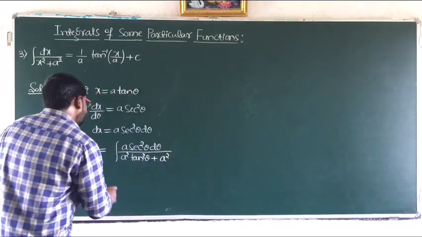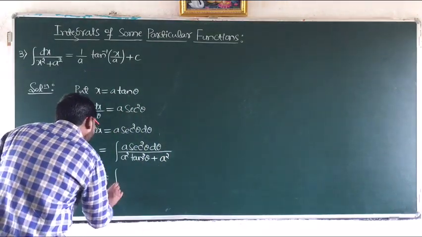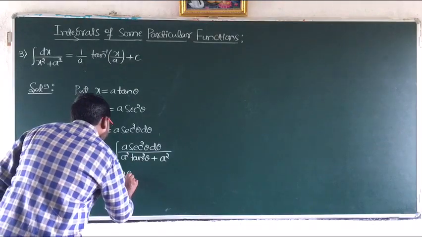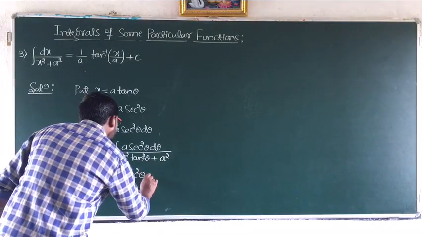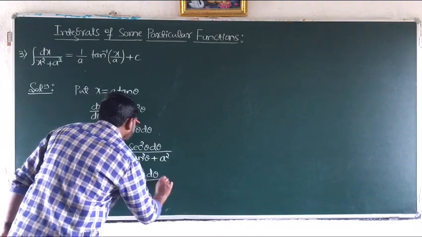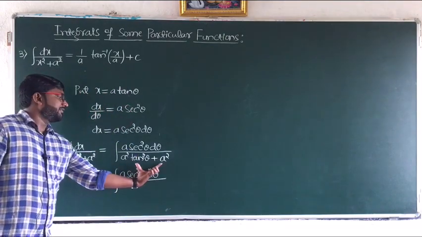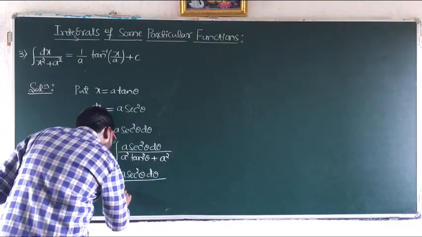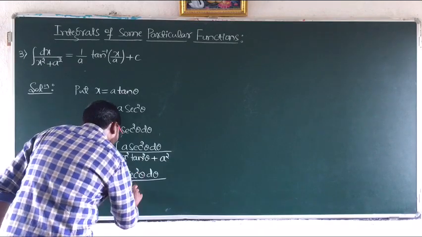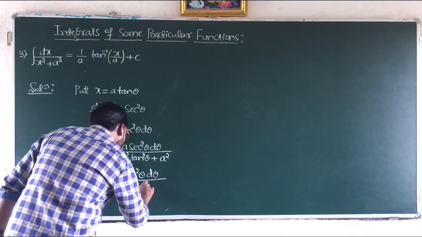So now which is equals to integral, write the numerator as it is, a secant square theta d theta divided by, so here we have a square common. So take out a square, we are left with tan square theta plus 1.